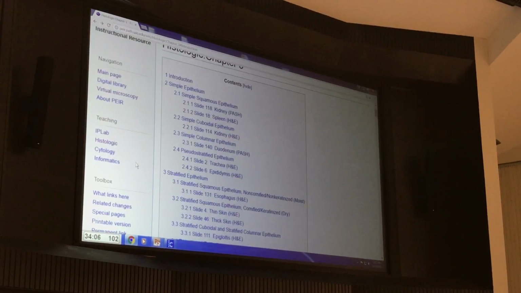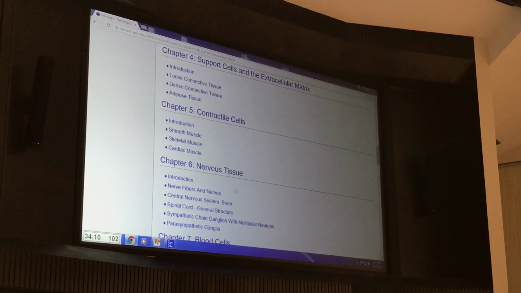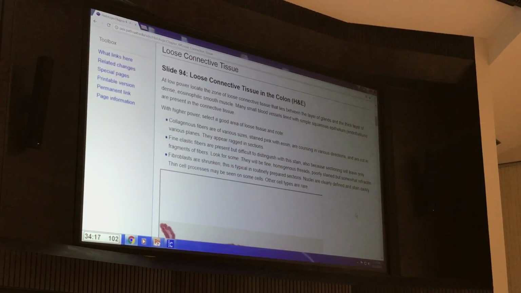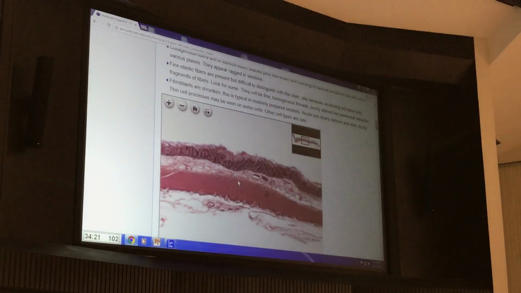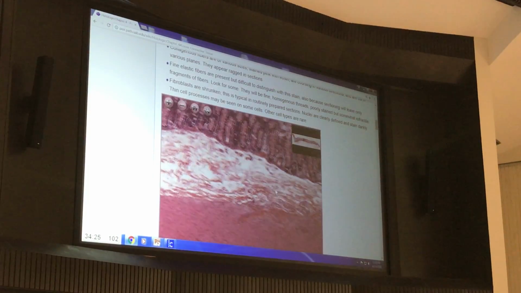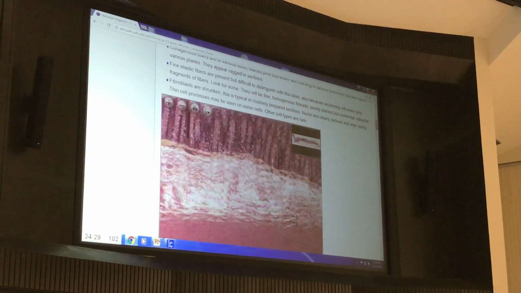Okay, so let's go back and look at some of our connective tissue. Okay, this is in the colon, which I don't expect you to know, but this is an area of loose connective tissue.